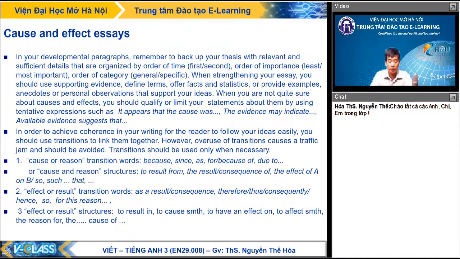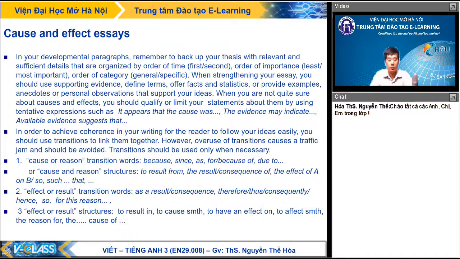I think it is important for you to make use of the order of time by using first, second, third, next, then, and after that, etc. You have to use connecting words or connecting adverbs.